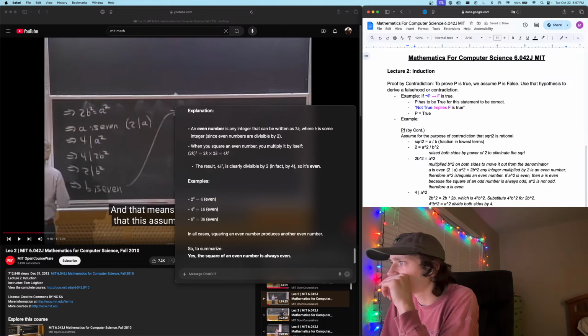So now this one, 4 divides b squared 2b squared.